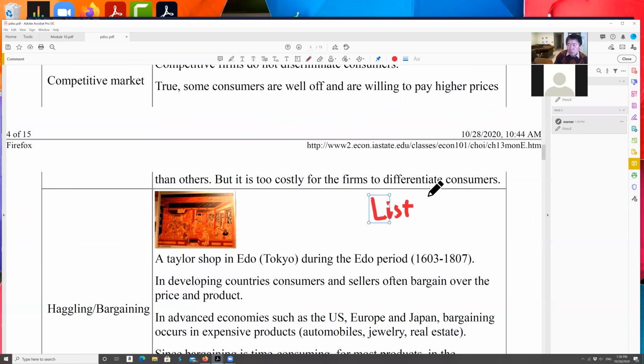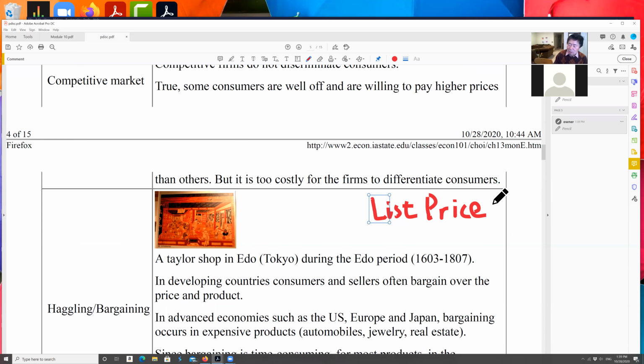List pricing is very convenient, especially makes sense for busy people. You don't have time to argue with the seller. Just pay the price. If you like it, you pay the price and get out. You don't want to waste a second in the shop.